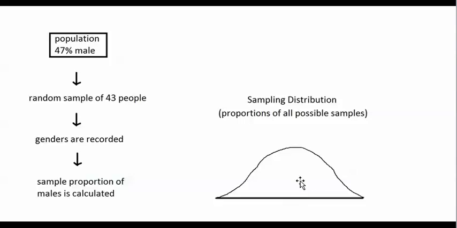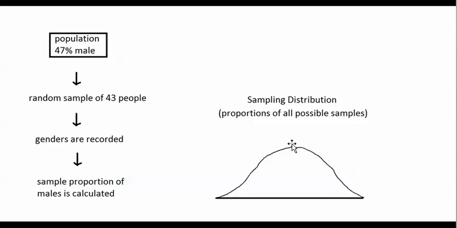In this sampling distribution, each possible sample, or each possible combination, has its own proportion of males. Right here, we might have a possible sample that's 47% male. Right here, we might have a possible sample that's 60% male. Way up here, we might have a possible sample that's 90% male. And way down here, we might have a possible sample that's only 10% male.